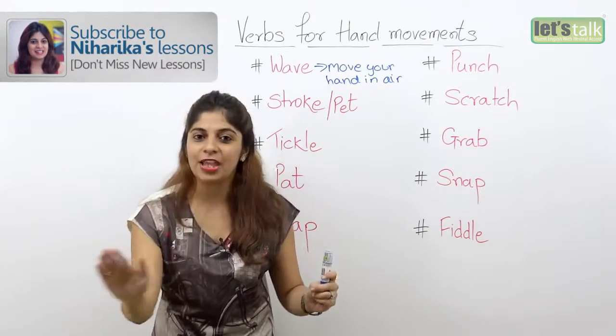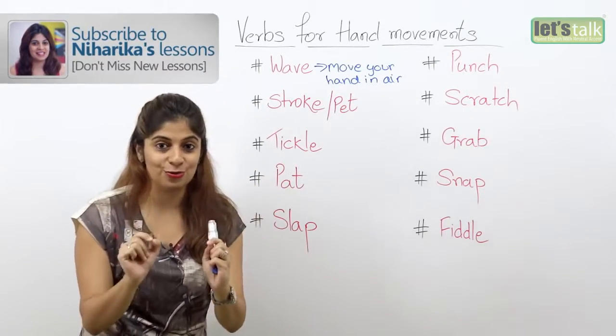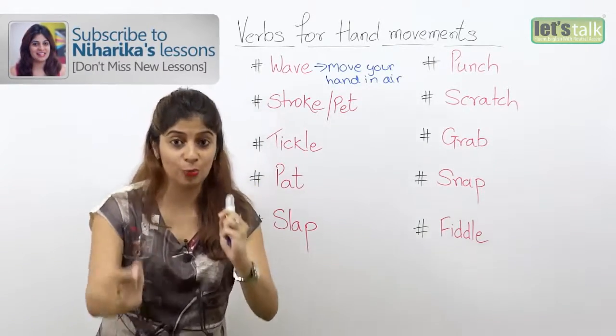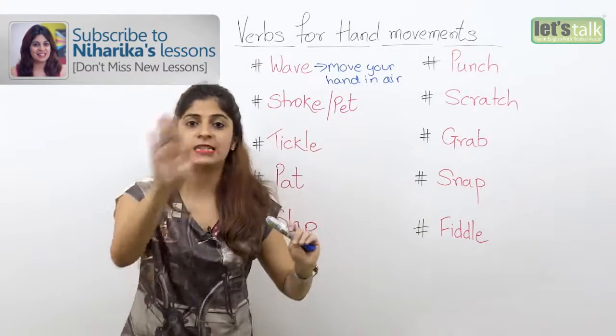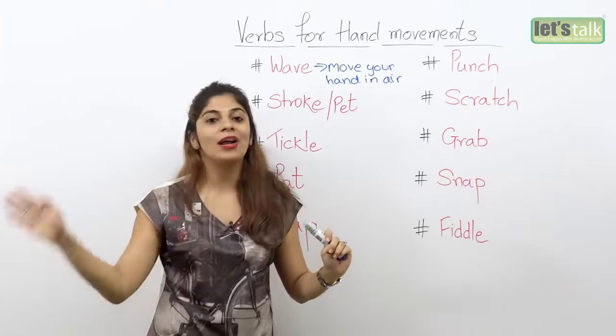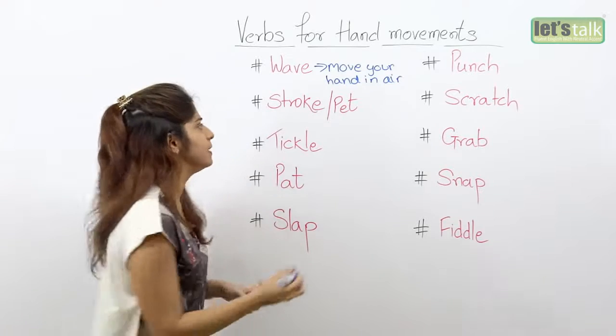So it's a very loving gesture, and the exact verb that you use when you are doing this is stroking or petting, like I'm petting a dog. So these are long, slow hand movements.